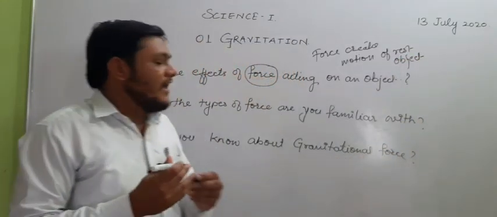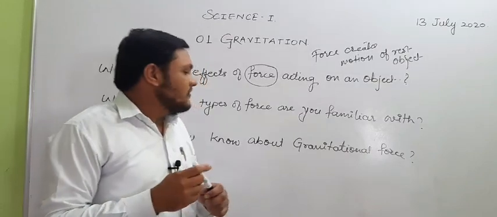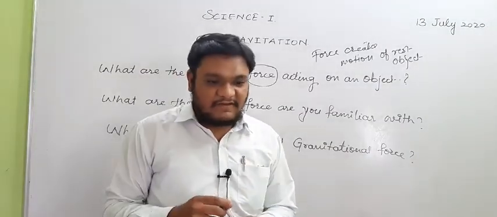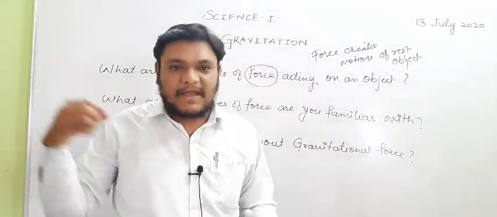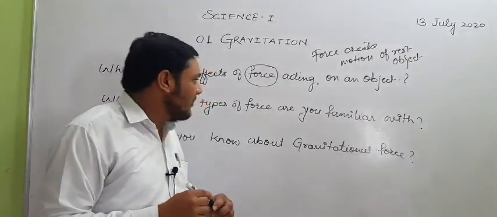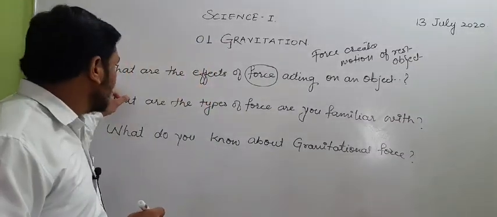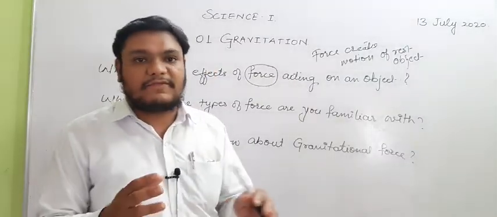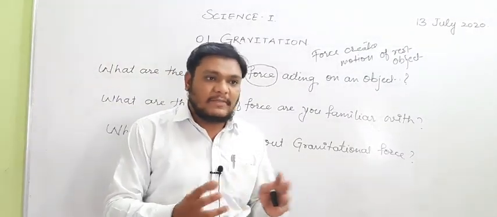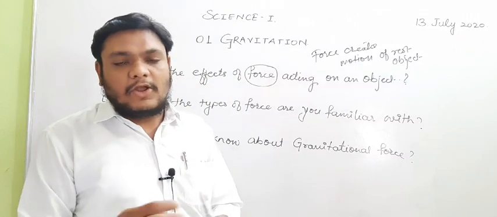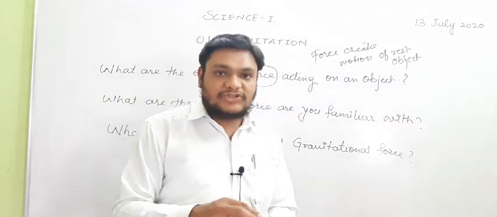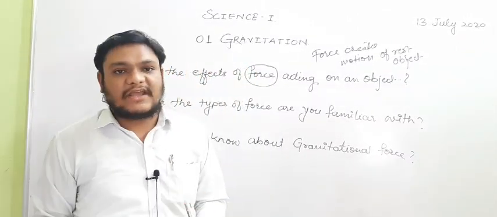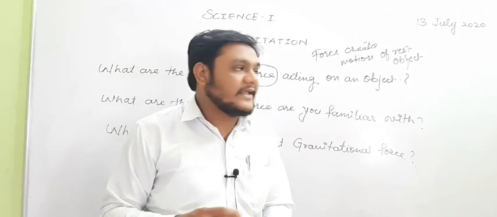Students, as you all know, force is directly proportional to the motion. If any body is at rest, then by applying a force we can create motion in it. So the answer of this question, what are the effects of force acting on an object, depends on the state of the object. If the object is in motion, then by applying a force we can stop it, we can bring it to rest.